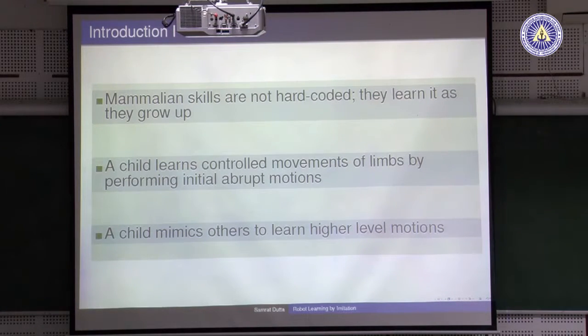When the child learns, sometimes he minimizes a performance index to improve his or her motion, and then gradually learns a motion, or a child can mimic others' motion, like the elders doing, and he or she mimics it.